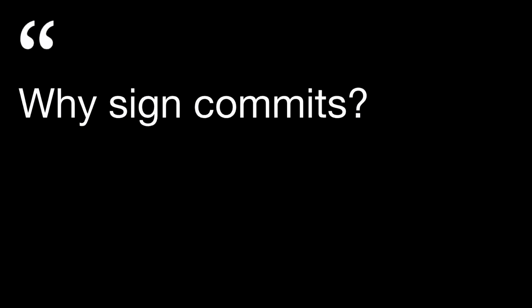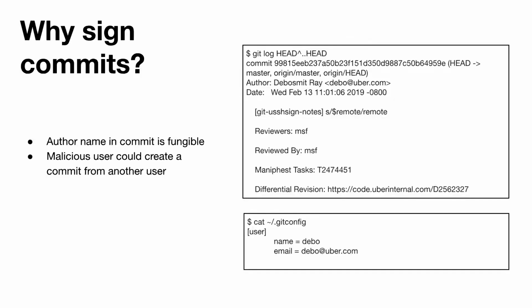But I'd like to take a step back before we take a couple steps forward. So why are we even signing commits? What is this all about? So commit identity is just metadata that exists inside the commit. So you have this author field inside your commit, and that says who authored the commit. But how does this association actually happen?